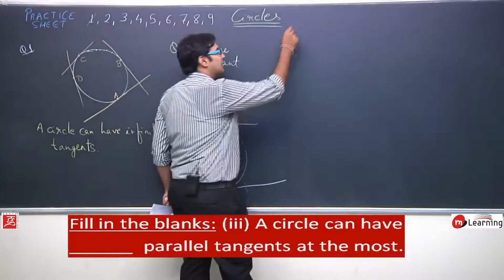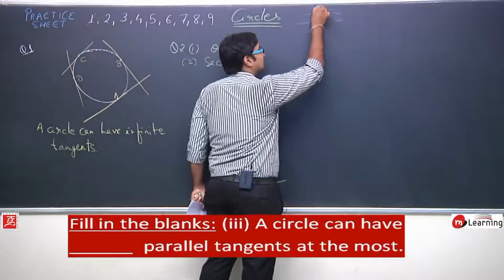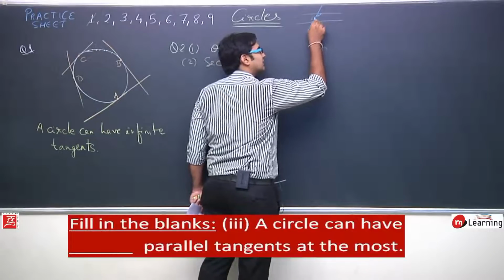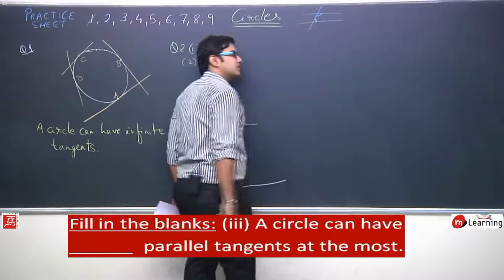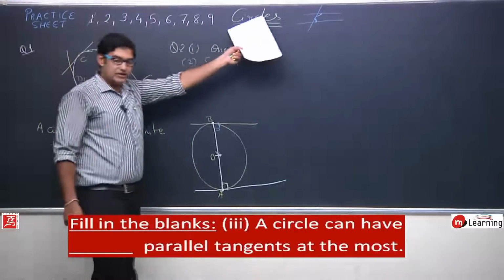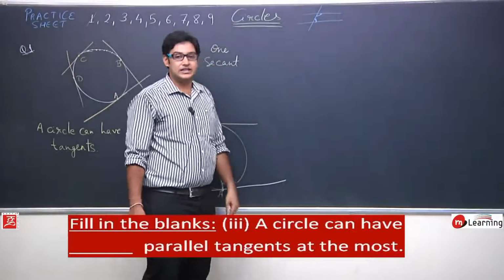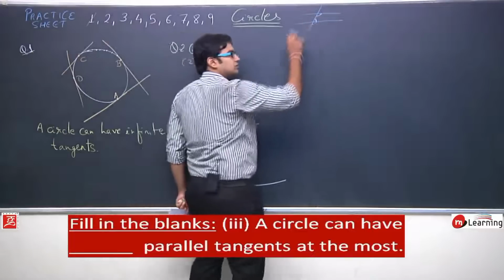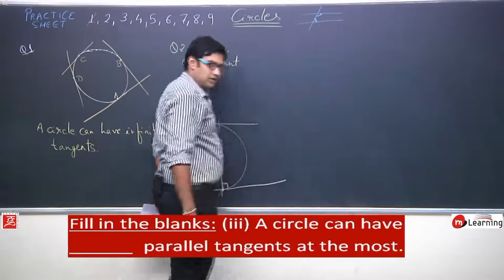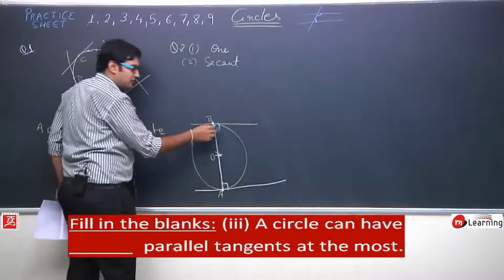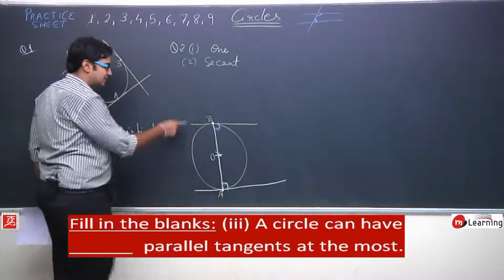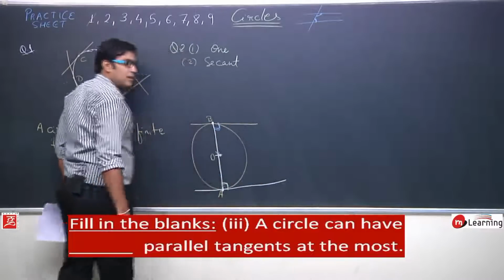If I have two parallel lines like this, and this is a transversal, then the sum of the interior angles, these two angles, is equal to 180 degrees. That means these two lines are parallel. And here also the sum of these two angles is equal to 180 degrees. That's why I can say this tangent and this tangent are parallel.